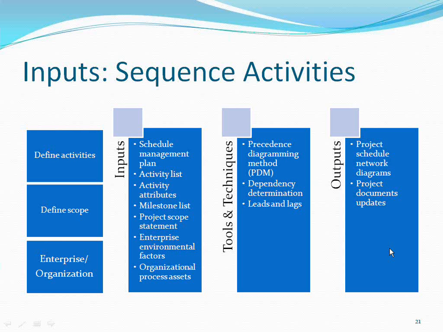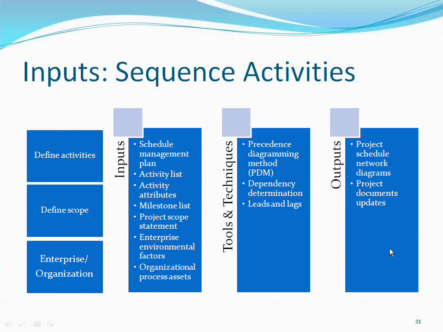It's called external dependency. Internal dependencies: your dependency is within the project. The team has to finish assembling in order to start your project, assembling a computer or some equipment. They have to finish.